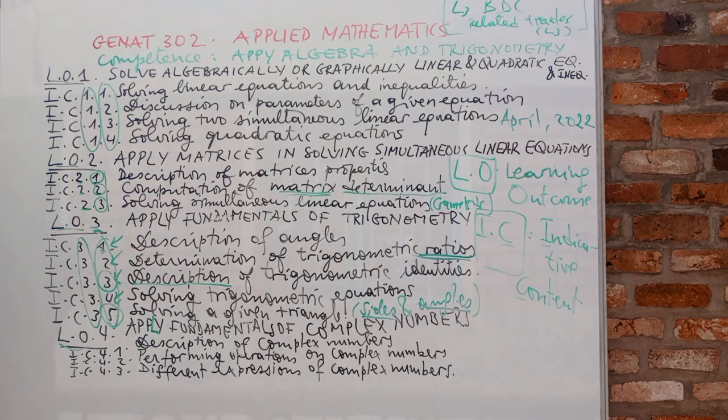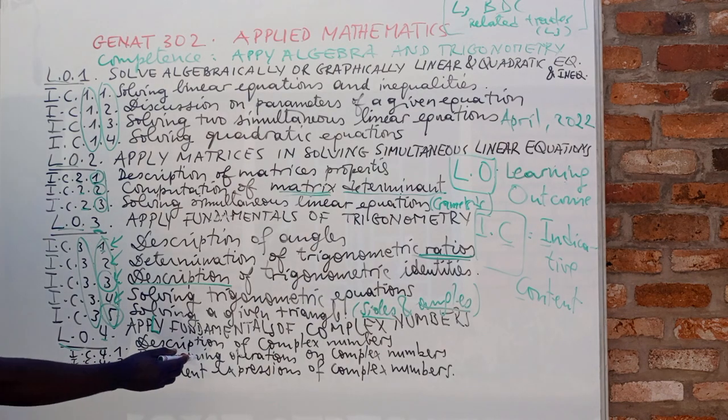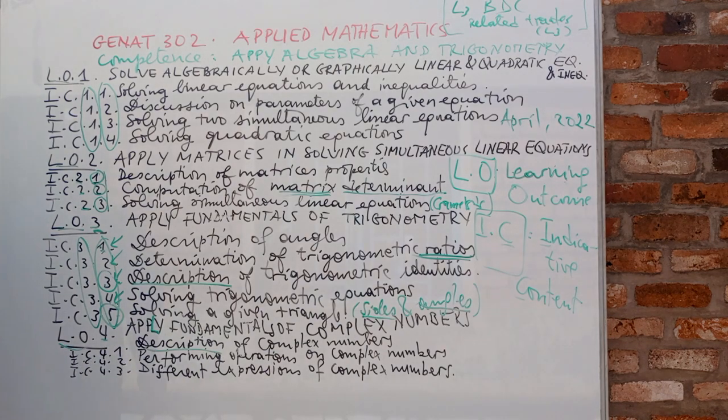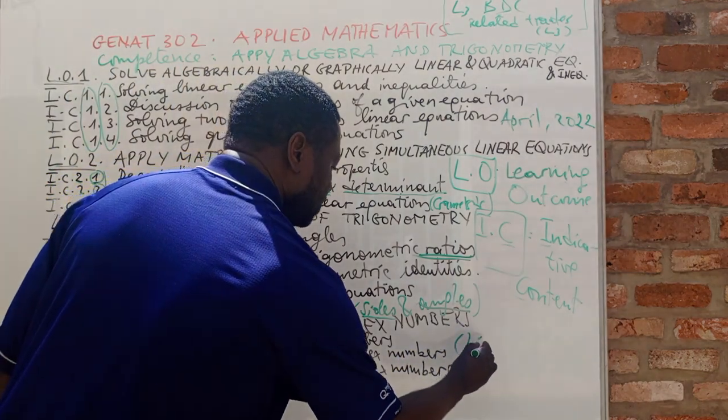The last learning outcome, but not the least, is apply fundamentals of complex numbers. Here we describe complex numbers and perform some operations. Operations are mostly binary operations, like addition, multiplication, subtraction.